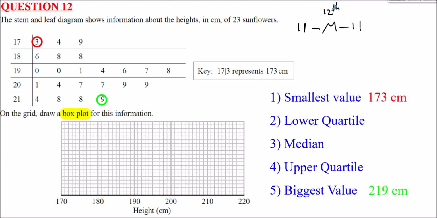Smallest 11, middle one's the 12th, then the biggest 11. So what we can do now is count along until we get to the 12th value. So 1, 2, 3, 4, 5, 6, 7, 8, 9, 10, 11, 12. So our median is going to be 197.